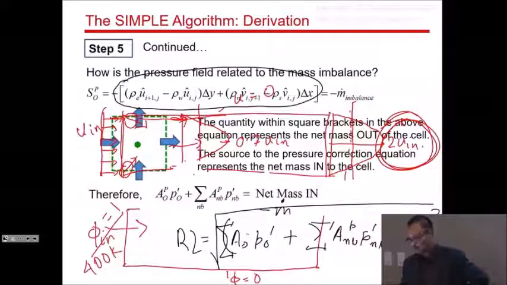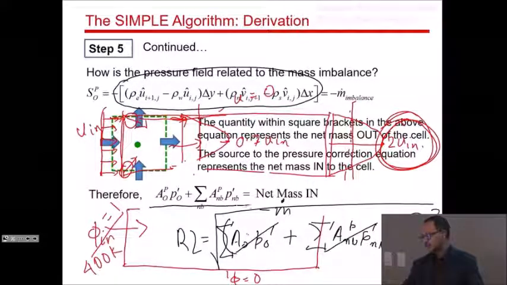I can say that's my residual, but instead I'm saying, okay, let's just forget about these terms because they don't have any physical meaning. I'm simply going to calculate the L2 norm of the mass imbalance. All right, because by definition, once this converges, the p primes will be 0 anyway. If the mass imbalance goes down to 0, the p prime should also go down to 0.